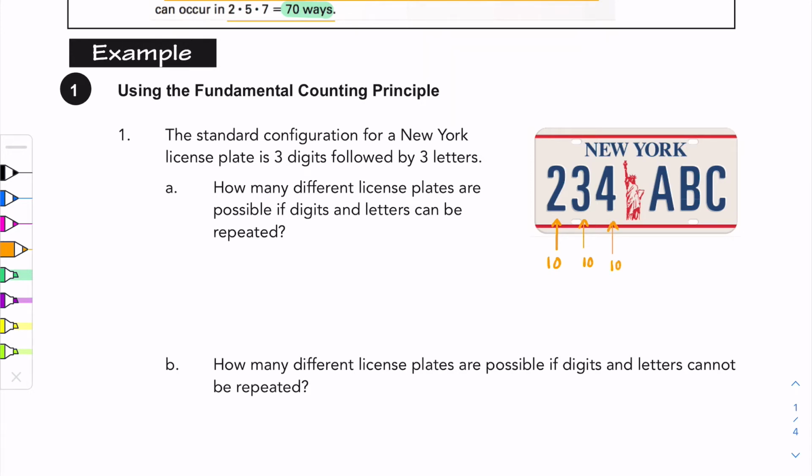Those are your possibilities for a number. After your number, you have 3 letters. There are 26 letters in the alphabet, so there are 26 options for each one of these places.